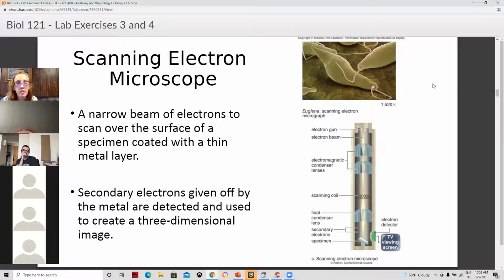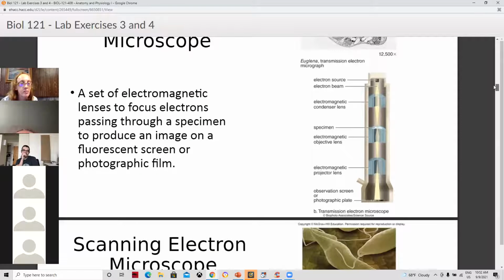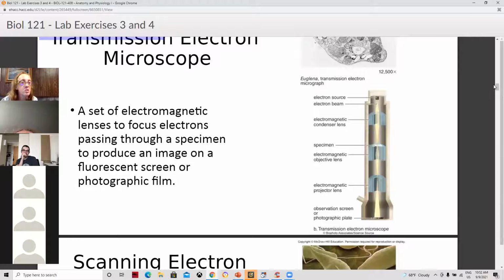So the major difference between this and a transmission electron microscope is that the electrons are going to pass through the specimen in the case of the transmission electron microscope, so that you can see details inside the cell.